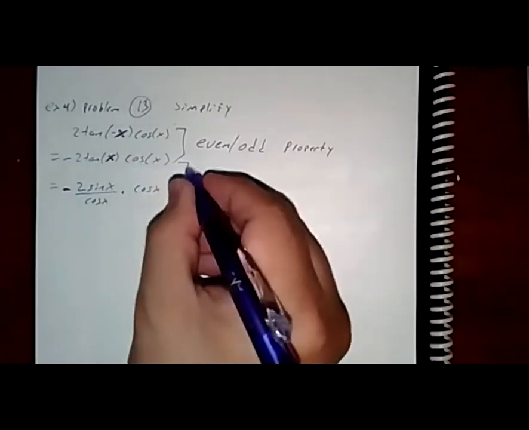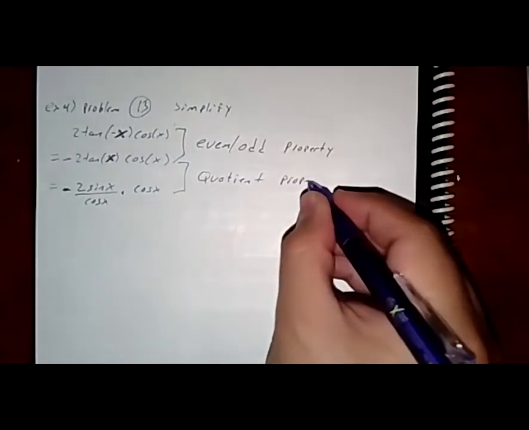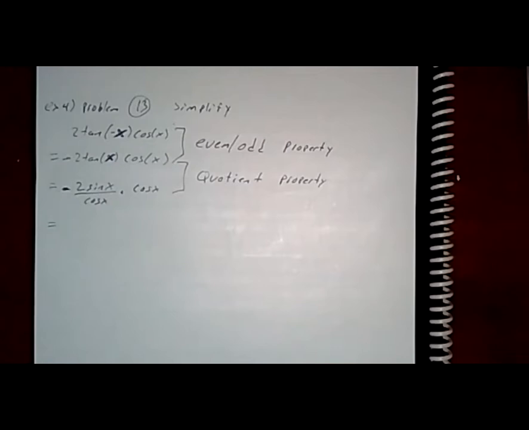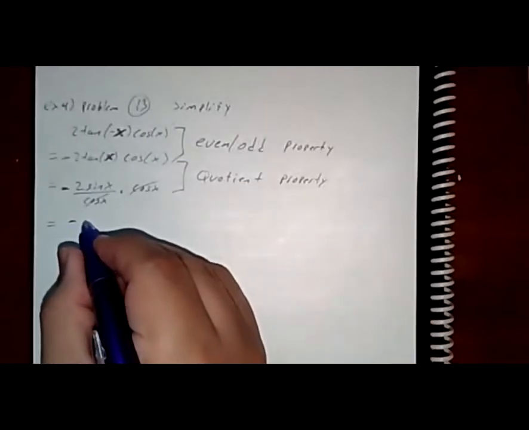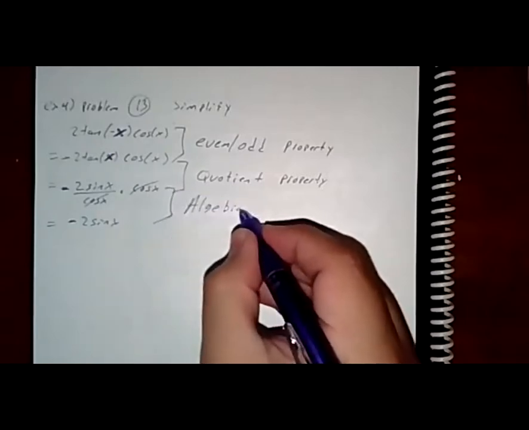That was the quotient property that I used. Now at this point, do you see what cancels? Cosine. Yeah, the cosines are going to cancel, aren't they? So from here to there, we just did basic algebra. And that is as simple as it's going to get.